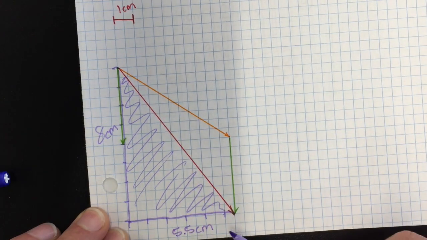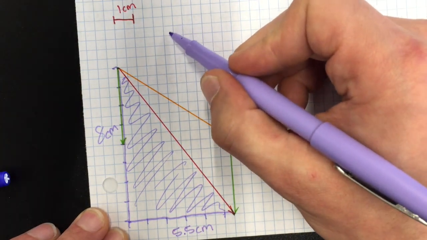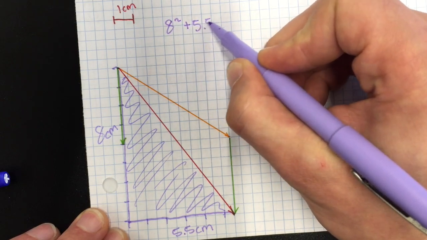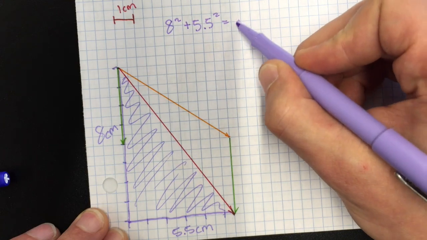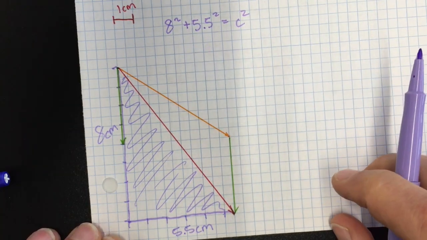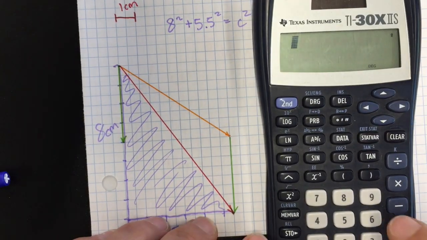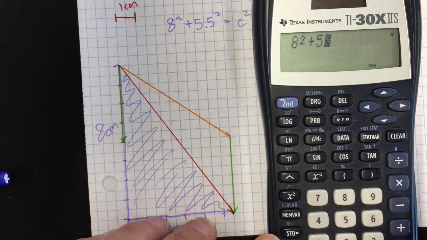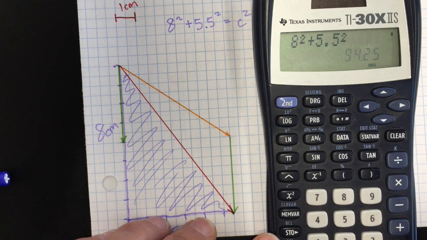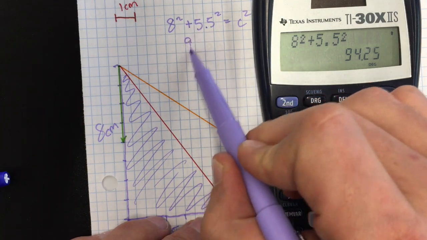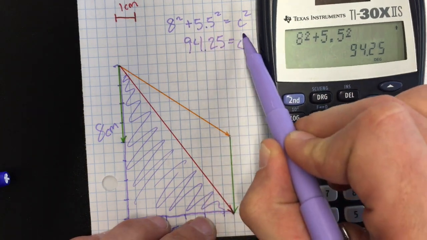So we can find the hypotenuse using the Pythagorean theorem. a squared plus b squared equals c squared. And take out our calculator. We get 8 squared plus 5.5 squared, okay, 94.25.